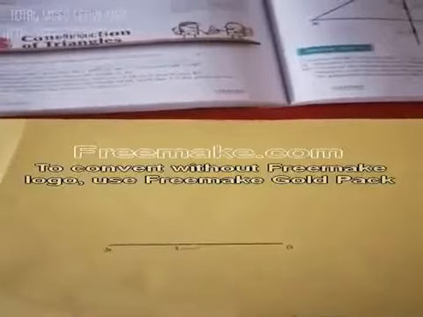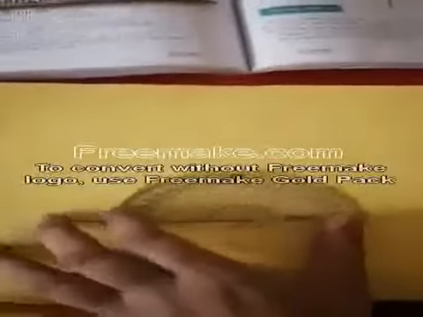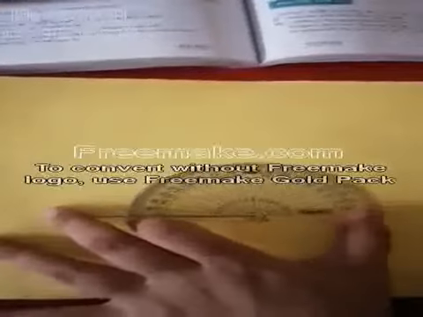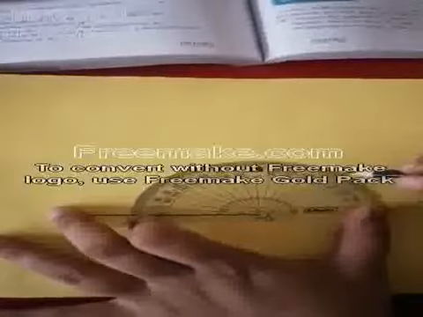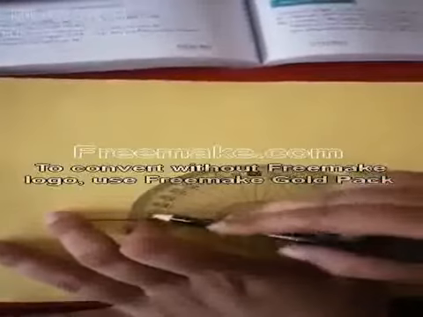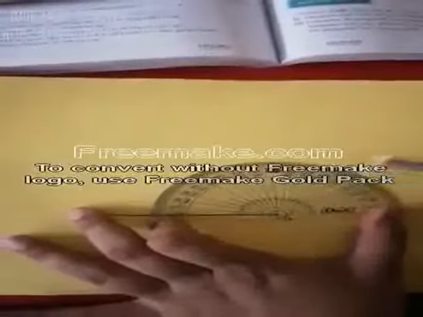Angle ABC is given as 130 degrees. So here is my protractor and I am going to mark an angle of 130 degrees from the center B. 0, 10, 20, 30, 40, and 90, 100, 110, 120 and 130.